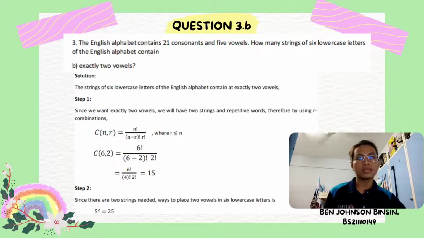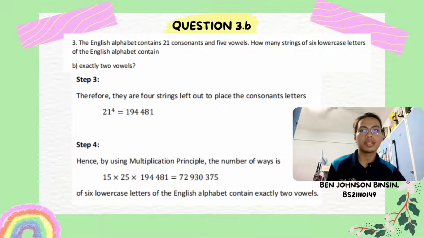3B, exactly 2 vowels. Step 1, since we want exactly 2 vowels, we will have 2 positions and repetitive words. Therefore, by using combination, C(n,r) equals n factorial over (n minus r) factorial times r factorial, where r is less than or equal to n, we will get 15. Since there are 2 positions needed, ways to place 2 vowels in 6 lowercase letters is 25.